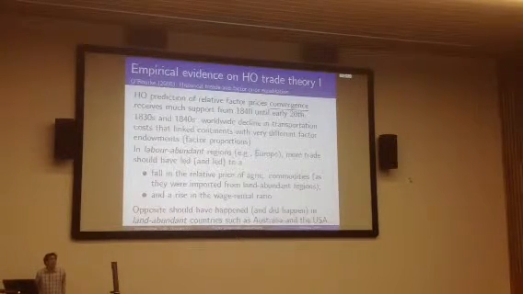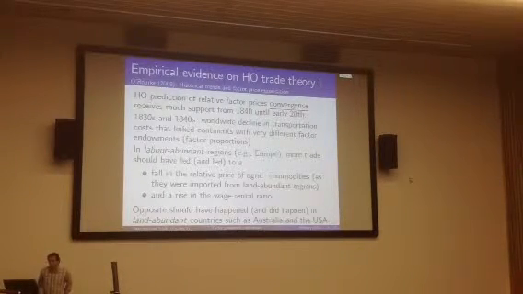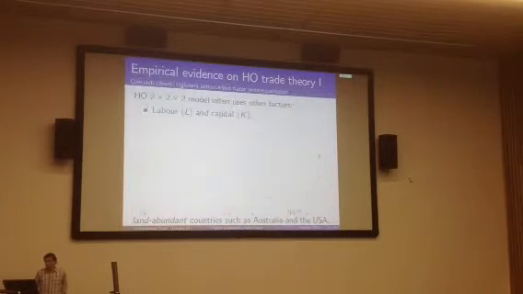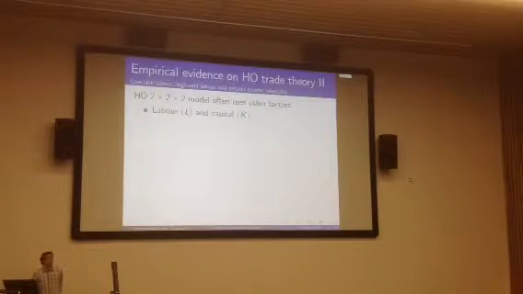Likewise, the land abundant countries, such as the New World, the US, Canada, Australia, Latin America, would want to export the goods that use land relatively intensively. And that's exactly what we got from that historical evidence.